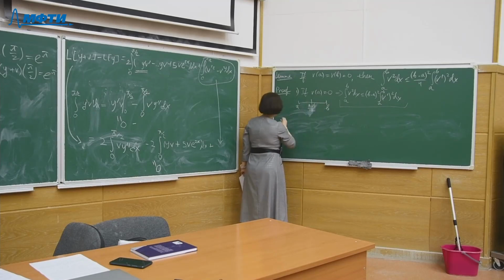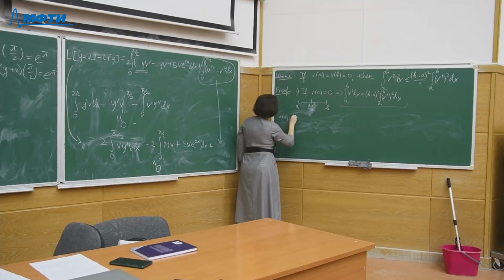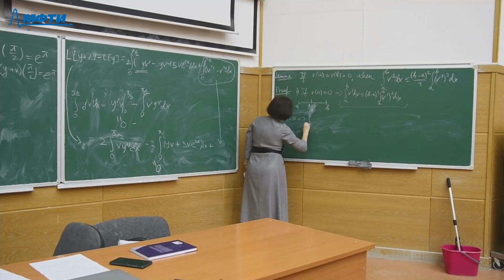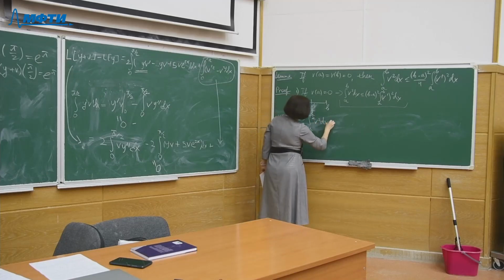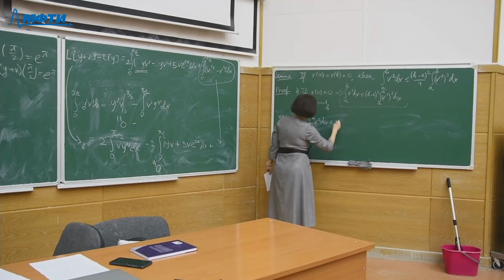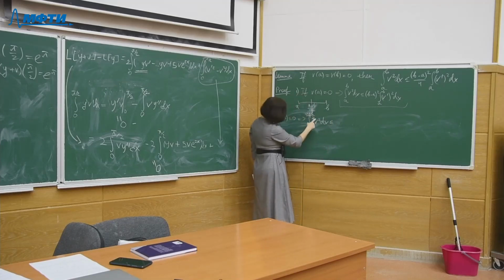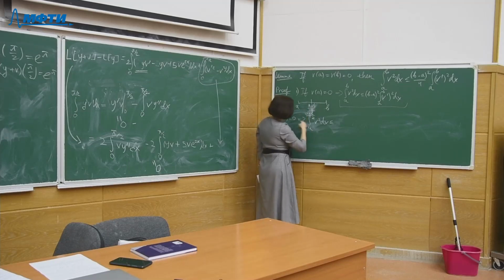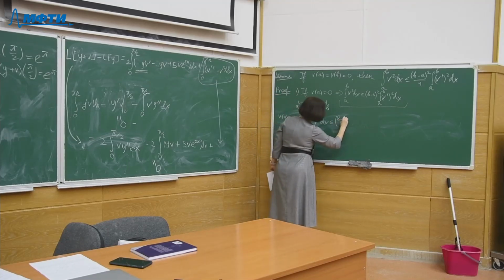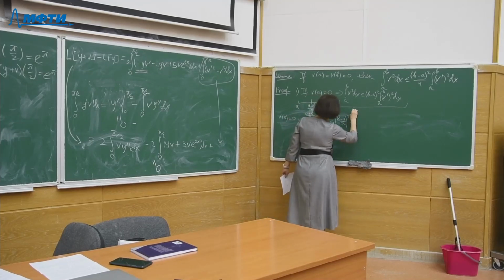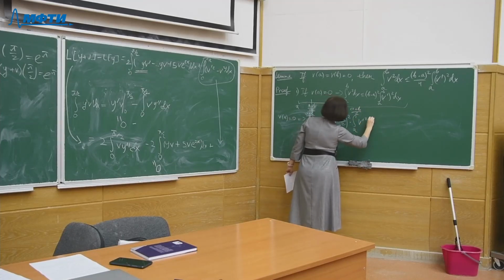Using the fact that v of a is 0, I have the following: the integral from a to (a plus b)/2 of v squared dx is less than or equal to, subtracting the lower limit from the upper limit, ((b minus a)/2) squared times the integral from a to (a plus b)/2 of v prime squared dx.